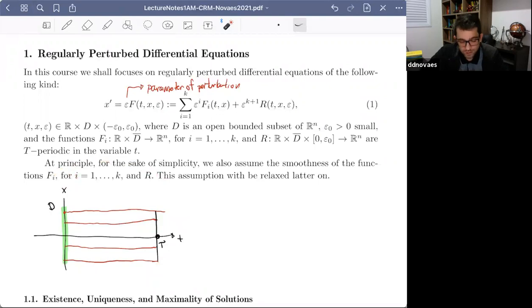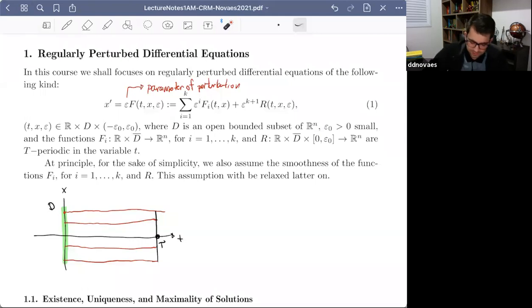When epsilon is different from 0, can I detect any periodic solutions, do some of the periodic solutions persist? That is the main goal of this course: to investigate conditions on the perturbations in order to have periodic solutions when epsilon is different from 0.